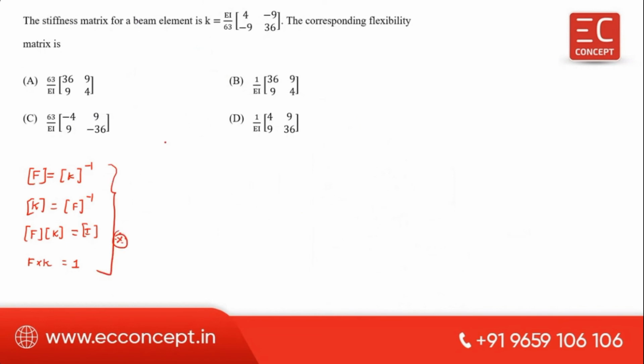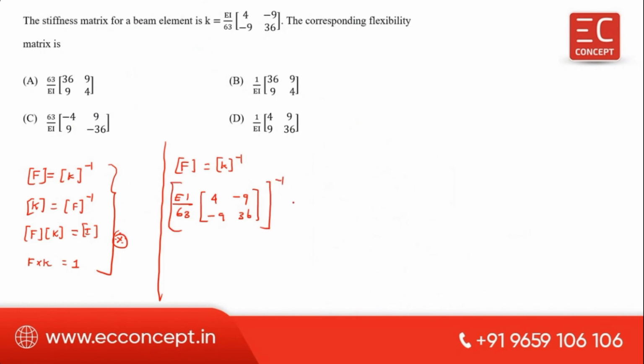Okay. In the question, they have given the stiffness matrix. To calculate the flexibility matrix, you have to take the inverse of this. Flexibility matrix is equal to the inverse of the stiffness matrix. So EI divided by 63 into the matrix 4, minus 9, minus 9, 36.